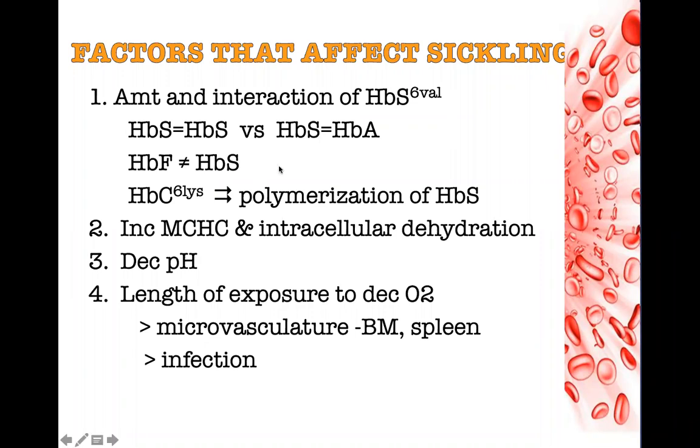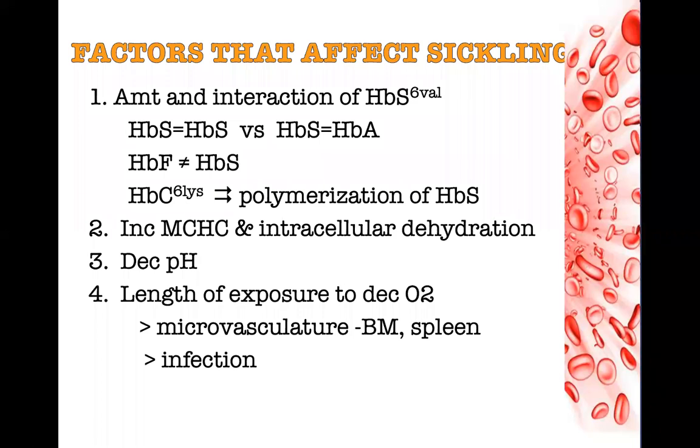Another would be interaction with hemoglobin C, where there would be polymerization of the hemoglobin S, which would also contribute to sickling. Increase in MCHC as well as intracellular dehydration also favor sickling, as well as a decrease in pH. An acidotic pH would also contribute to sickling.